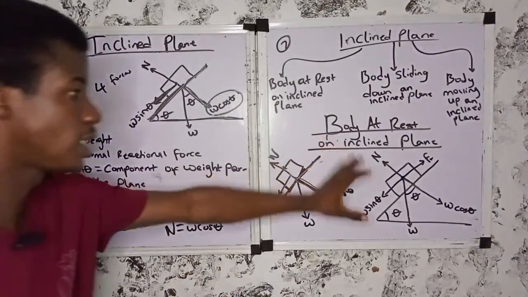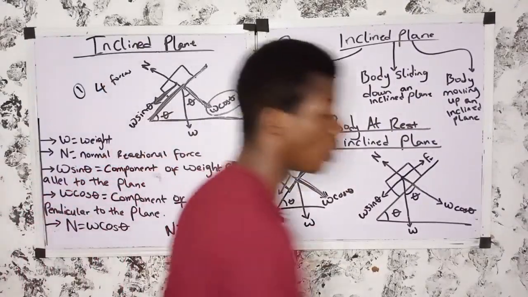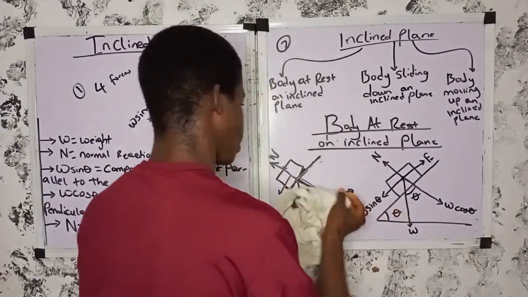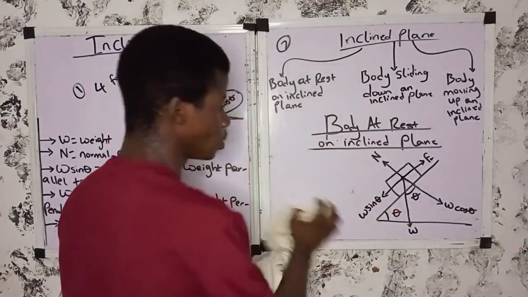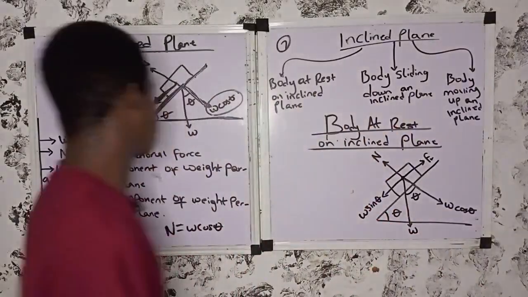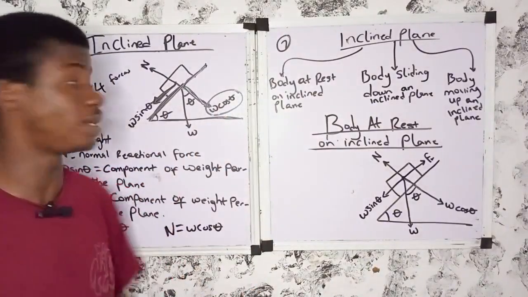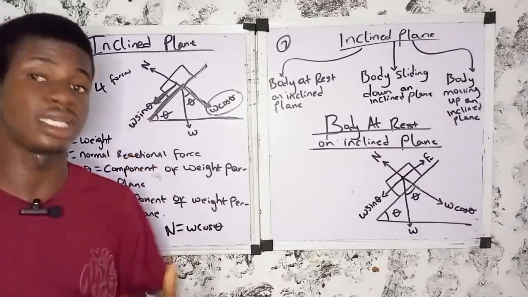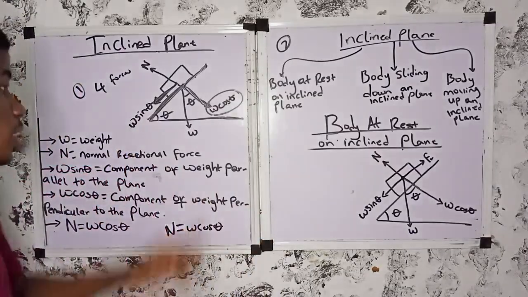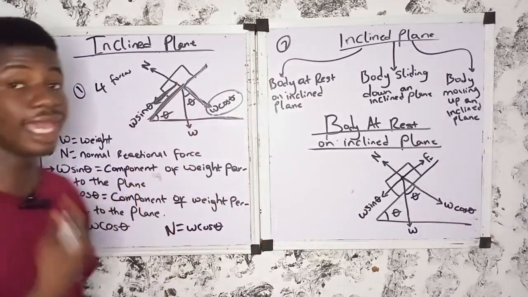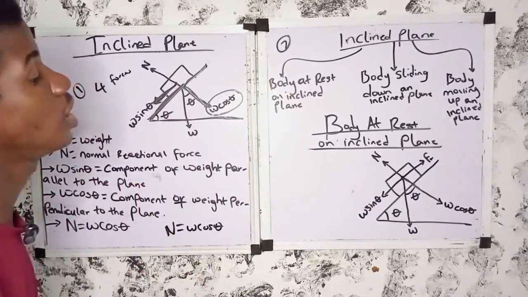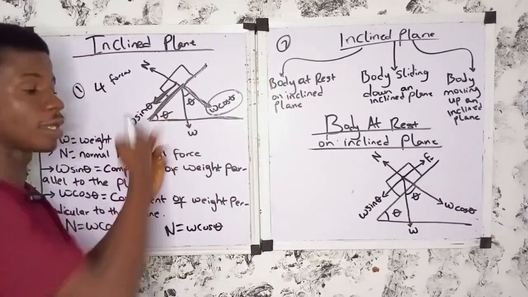Let's start with a body at rest on an inclined plane. Remember, W cos theta is the weight component perpendicular to the plane, and W sin theta is the weight component parallel to the plane. W is the weight, N is the normal reactional force.